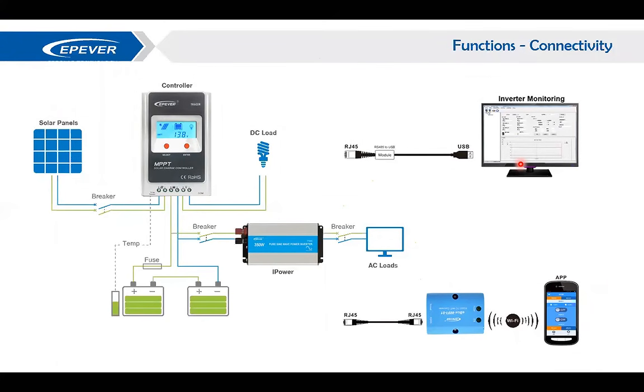So according to the specifications of the batteries that you're using in your off-grid system, you have 4 parameters that you can set to efficiently protect your batteries from getting discharged or abused by high loads or high capacity inverters. So even if you have a high capacity inverter, you can manage these parameters in order to ensure the safety of your batteries.